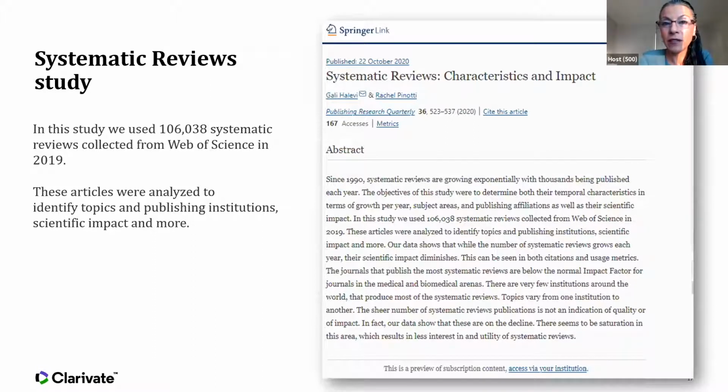We've published this research recently, and I think it was quite informative, especially for medical librarians who are wondering about the increase in systematic reviews, requests, and publications.